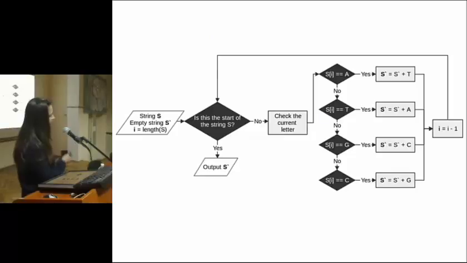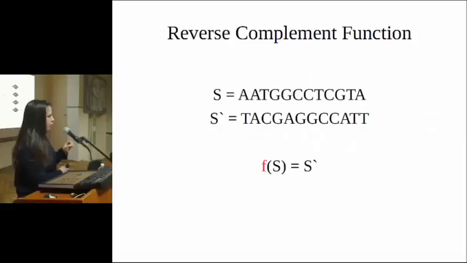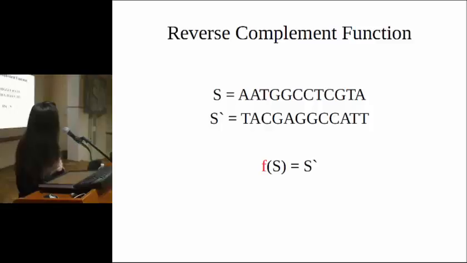Then on each step of the iteration, we need to check whether we reached the start of this string, because we start from the end and go here, here, here, until we reach the start of the string. So we check whether we reached the start.